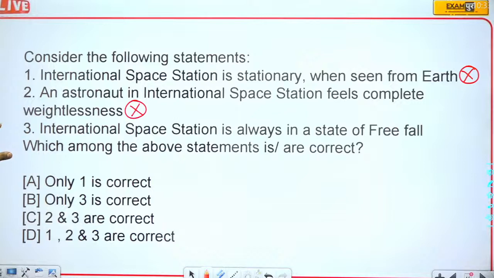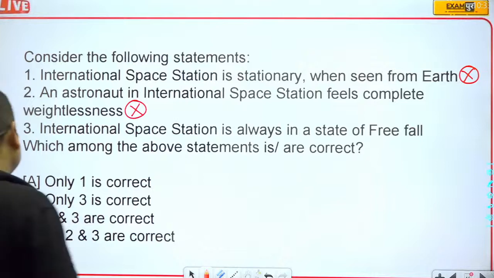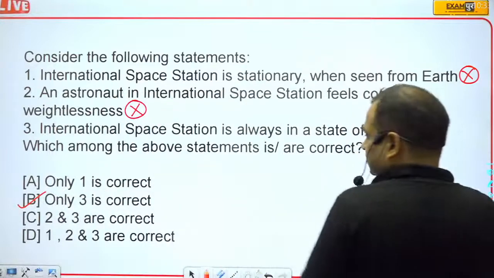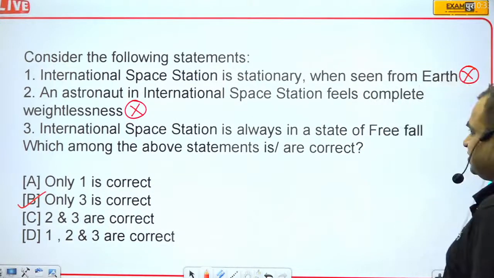Option 2 is not correct either. The International Space Station is always in a state of free fall. Yes, it may be true. So option 3 is the correct answer, which means the B part, only 3.